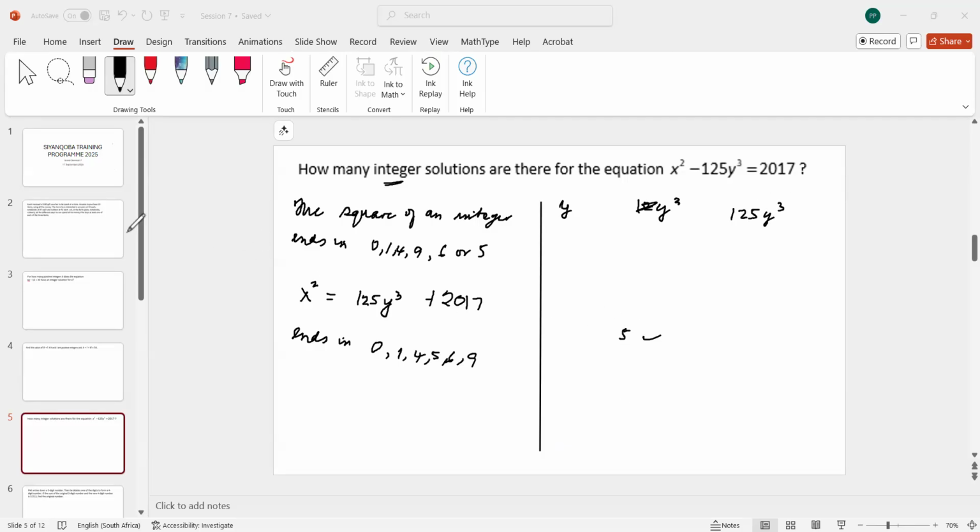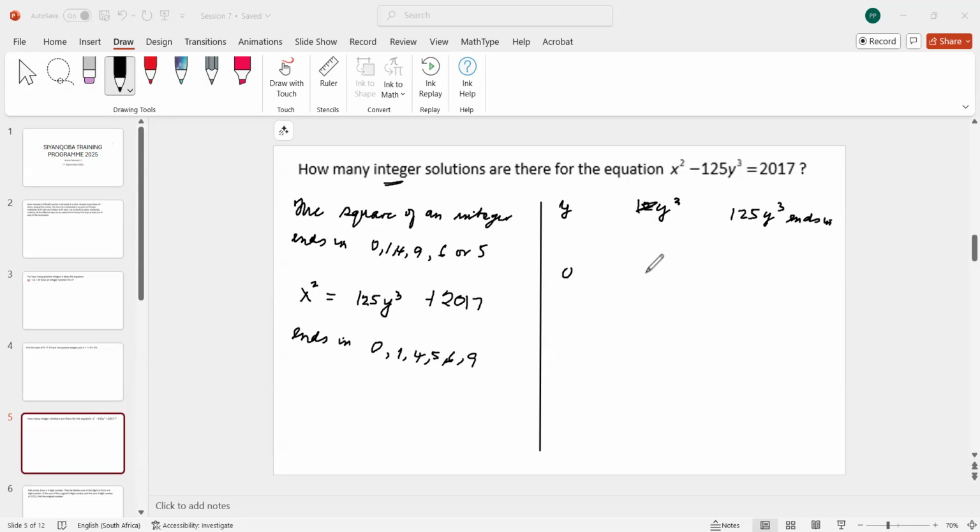Let's try different integers. I'm going to take positive integers to make life a little bit easy. I want to know what the ending of this is, and then I will add the fixed number, so I can work out the ending of these two things. But we really need to work out the ending of this, and y is any integer.